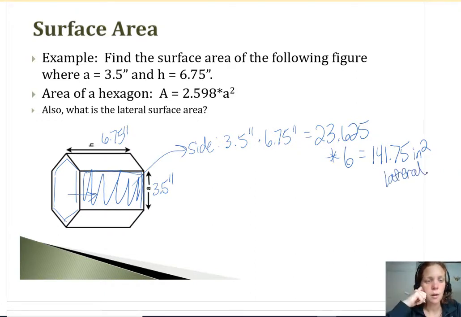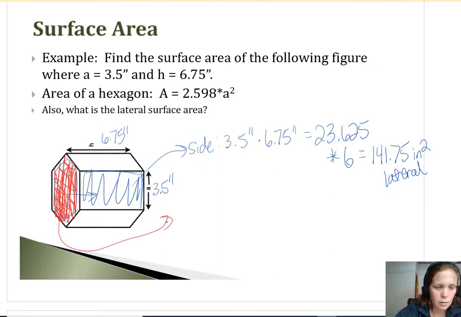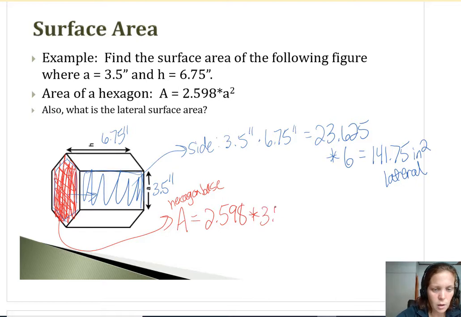Now to get the area of the bases, what I'm shading in right now, we need to know how to calculate the area of a hexagon. I don't believe this is on our formula sheet, but I have it here. It's 2.598 times A squared. So the area of the hexagon base is 2.598 times A, the side, 3.5 squared. 2.598 times 3.5 squared is 31.8255.